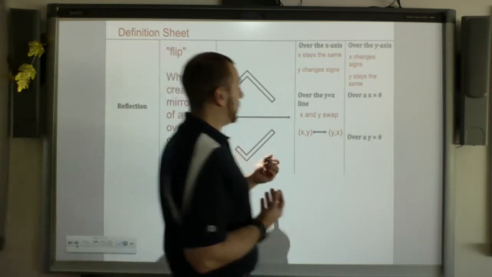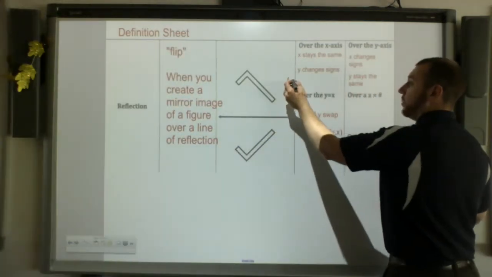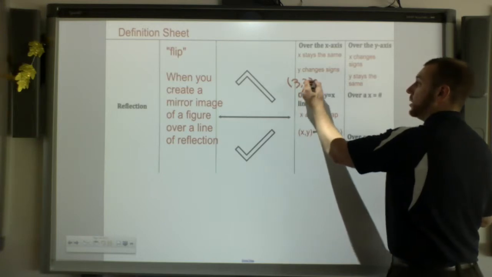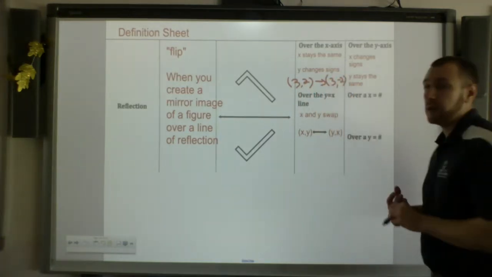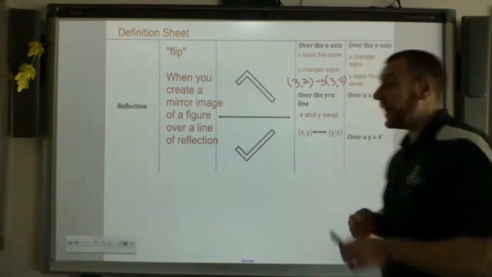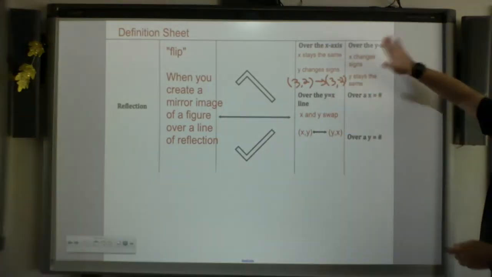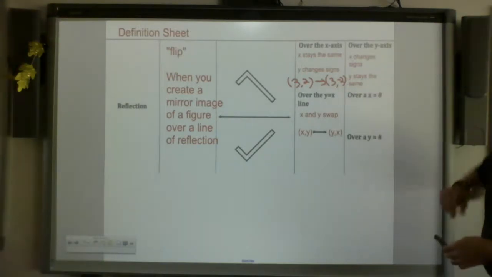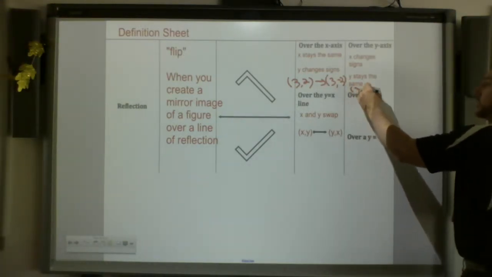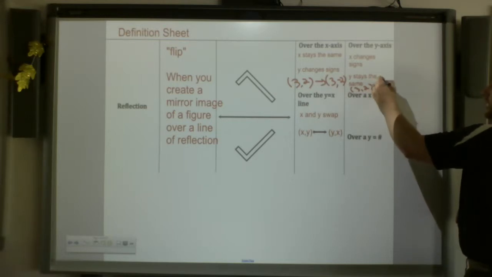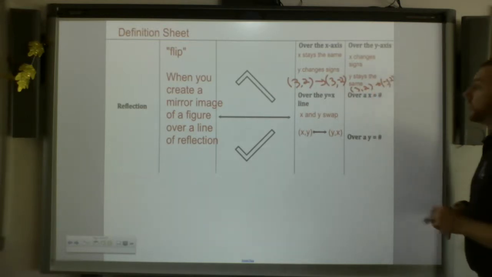So if you have a point 3, 2, it's going to become 3, negative 2. If you flip it over the y-axis, it's the opposite. X changes signs, y stays the same. So again, that same point 3, 2 is going to become negative 3, 2.